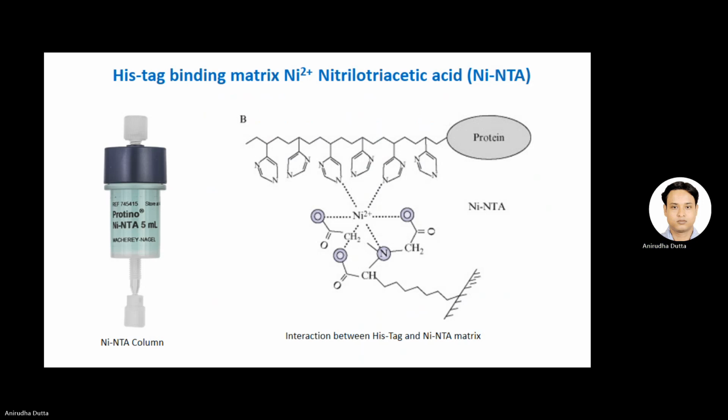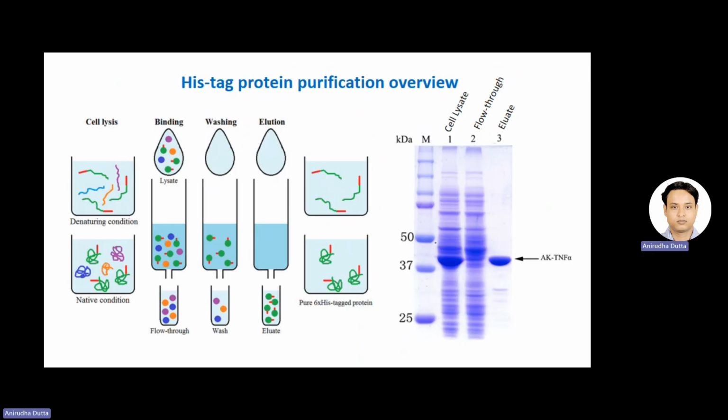Okay, so now we know which proteins would bind IMAC, what the matrix looks like, and how the protein interacts with the nickel matrix. Next, what is the process of purification of His-tagged protein using a nickel NTA matrix?